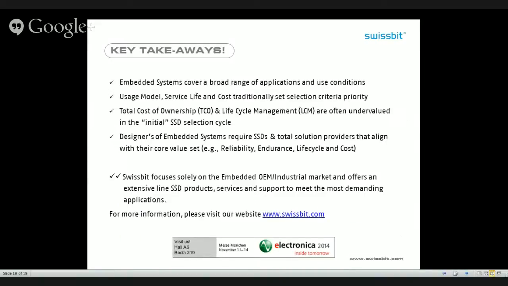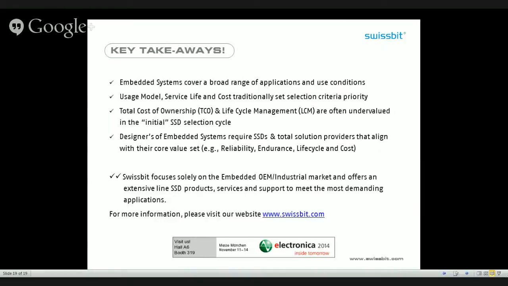So the key takeaways for today's discussion are that embedded systems cover a broad range of applications and conditions. The usage model, service life, and cost traditionally set the selection criteria priority. Total cost of ownership and lifecycle management are often undervalued in the initial SSD selection cycle.